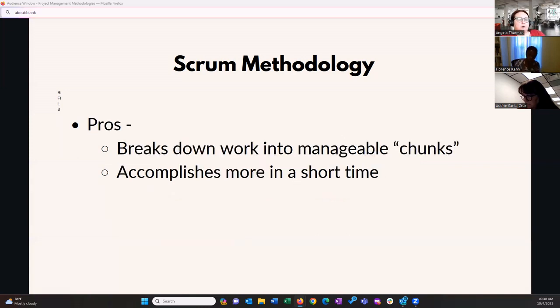Some of the pros for Scrum are that it breaks down the work into manageable chunks, and by doing so, it accomplishes more in a short time. Again, the entire team is focused on the work to be accomplished during that short period of time.